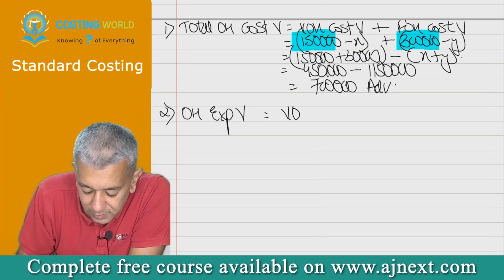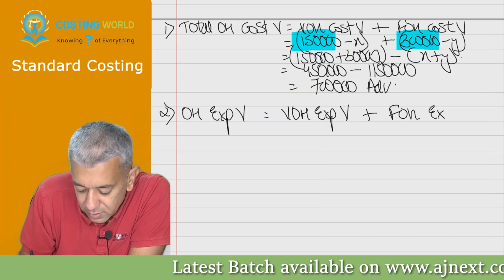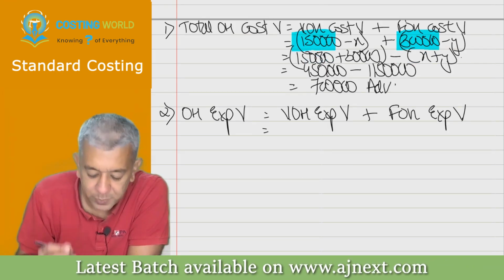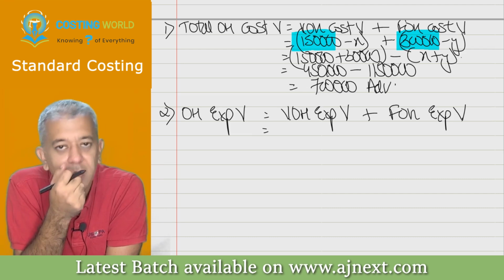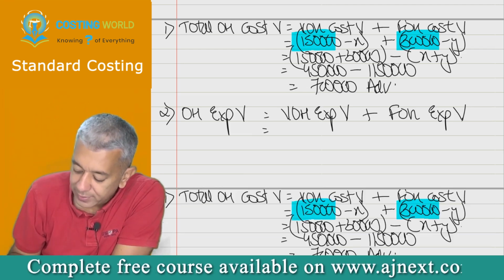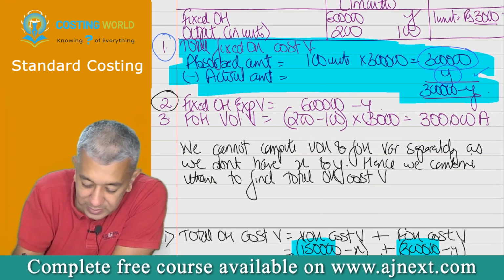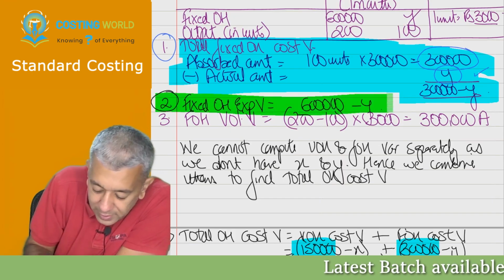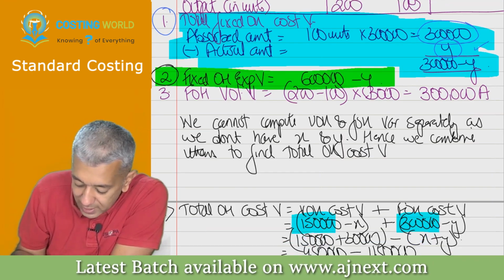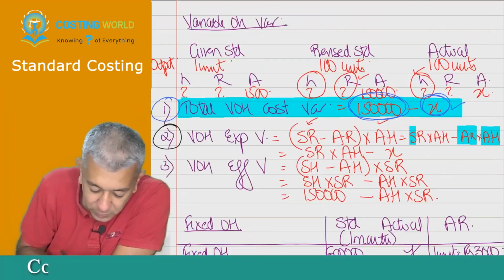That will be nothing but variable overhead expenditure variance plus fixed overheads expenditure variance. Now, variable overhead expenditure variance. So now I am highlighting these things in green now. So I'll require this, and in this case I will require this particular data.